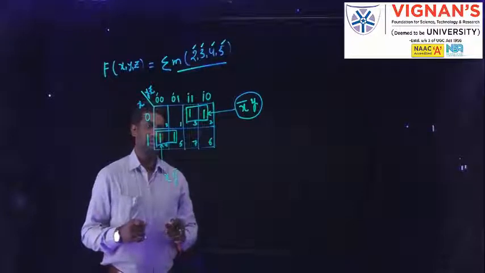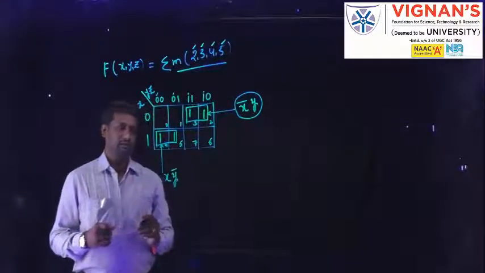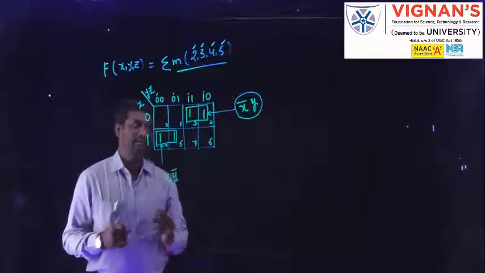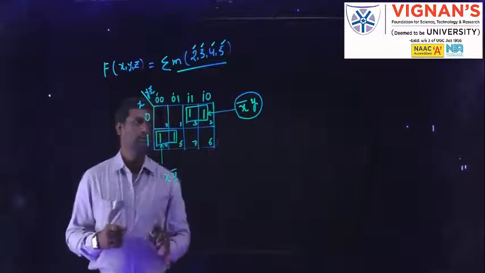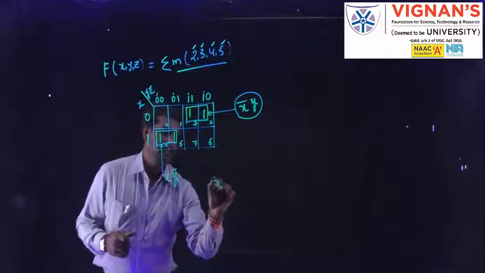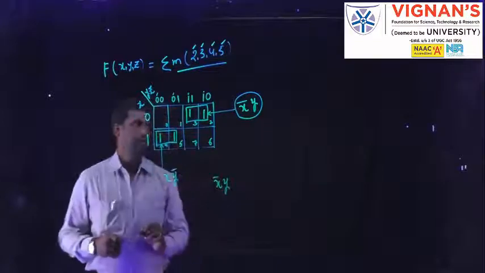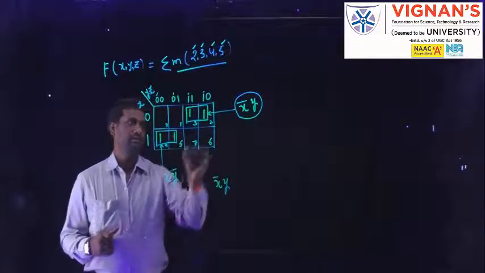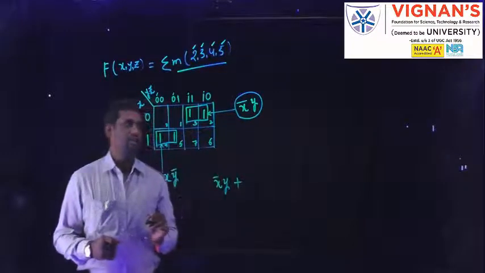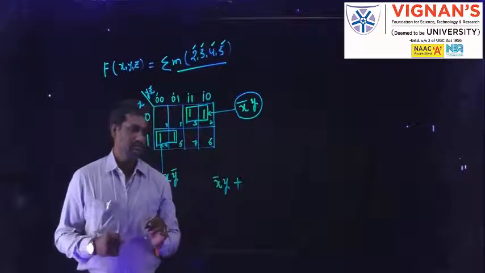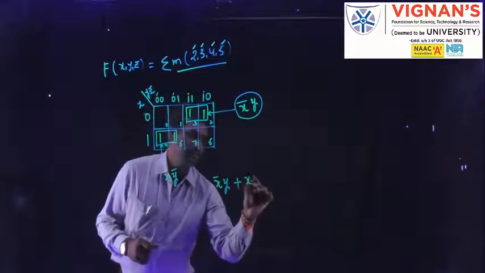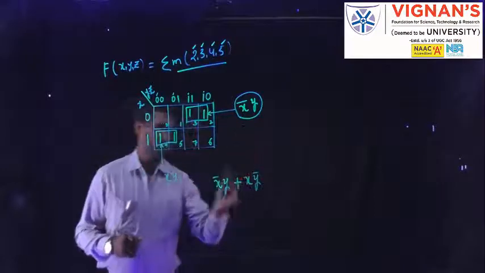That's why the final or simplified expression is the sum of these 2 expressions, that is x bar y from group 1, and because it is a sum of product expression, the second term is x y bar.